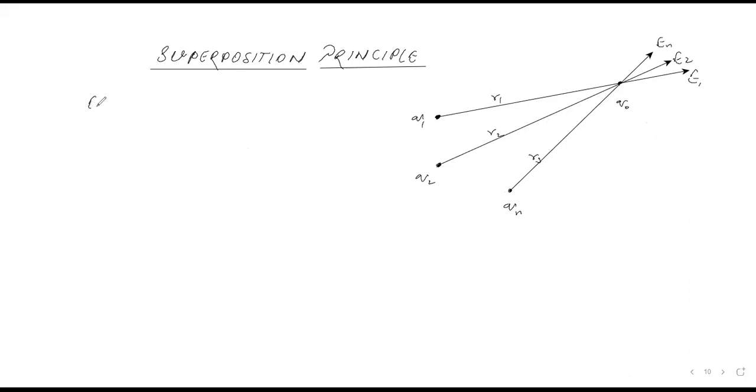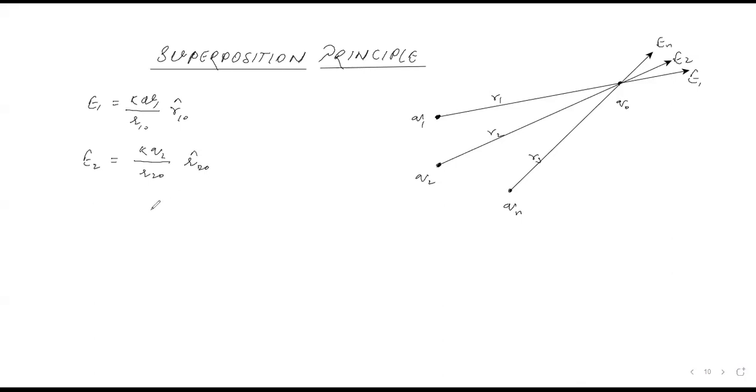In this case, what is E1? E1 is K Q1 over R10, where 1 is applying force on 0. Then the electric field due to the charge Q2 is K Q2 over R20.